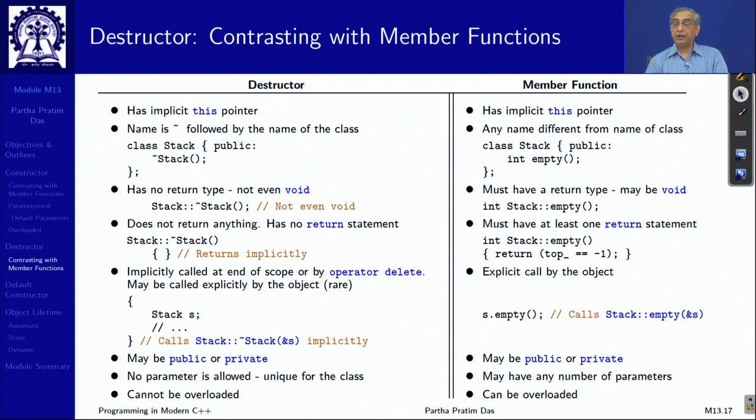Like the constructor, the destructor also does not have a return type, not even void, because after you have destroyed, the object is gone. So what will you return? There is no concept of a return, whereas all those are standard for member functions. It is implicitly called at the end of the scope or by operator delete also.